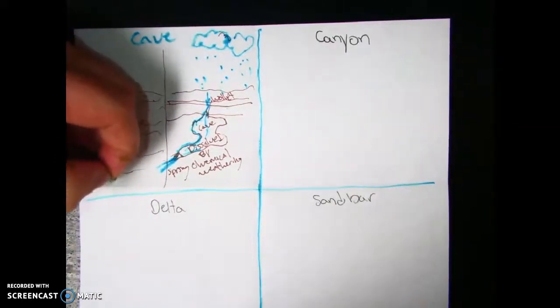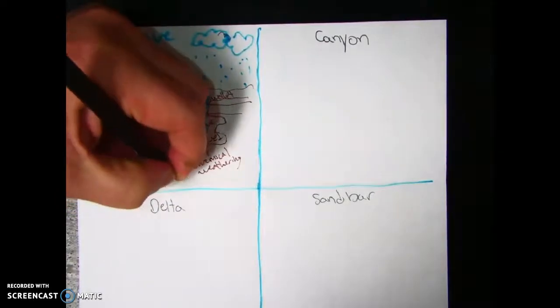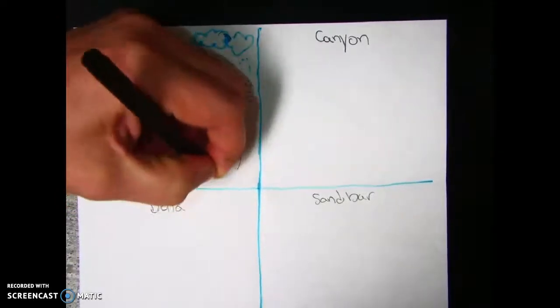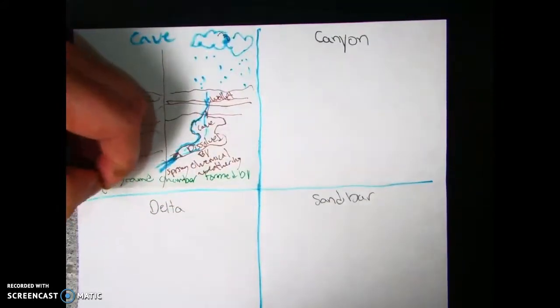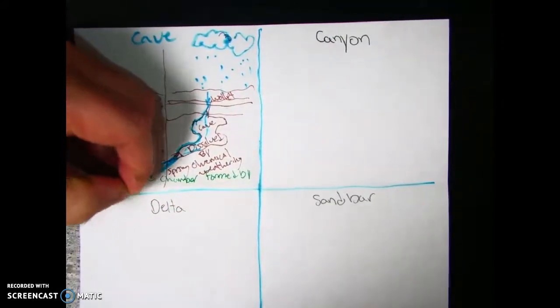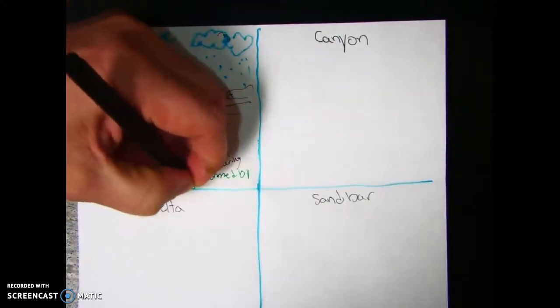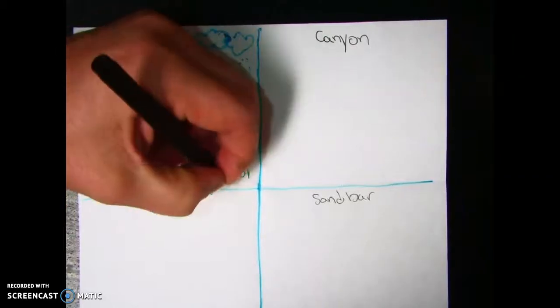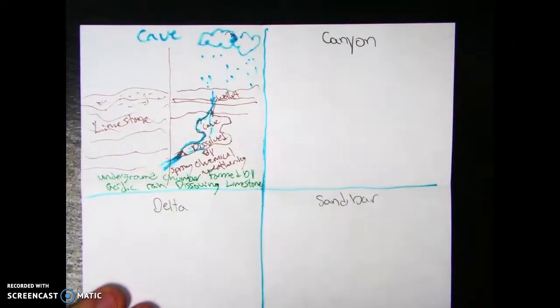So, underground chamber formed by acidic rain dissolving limestone. Okay, that's going to be our cave.